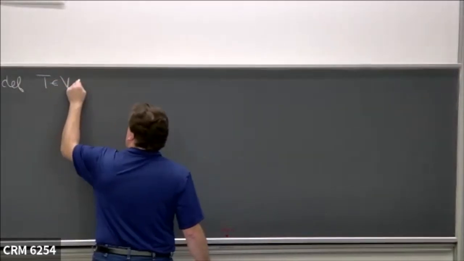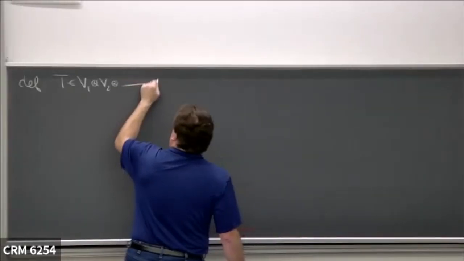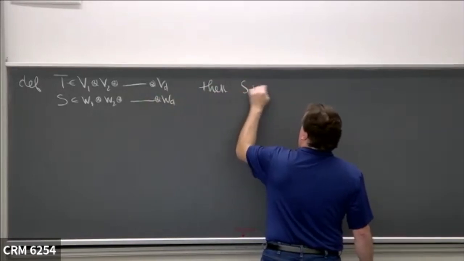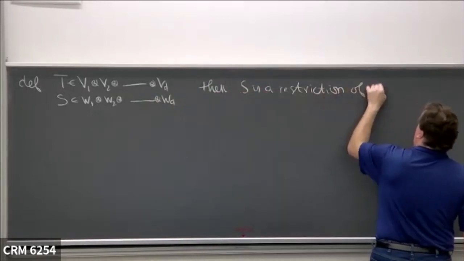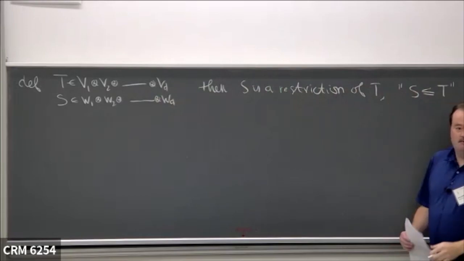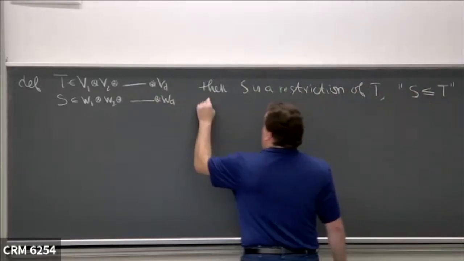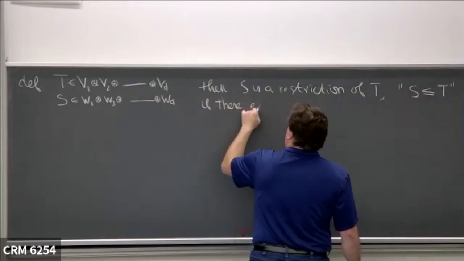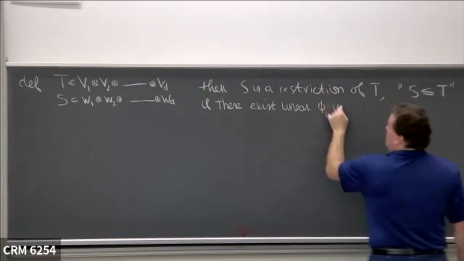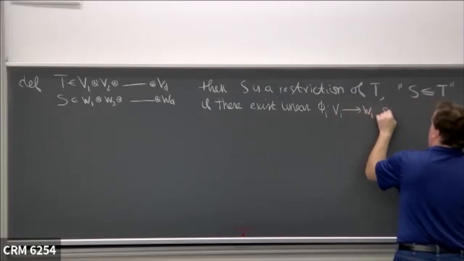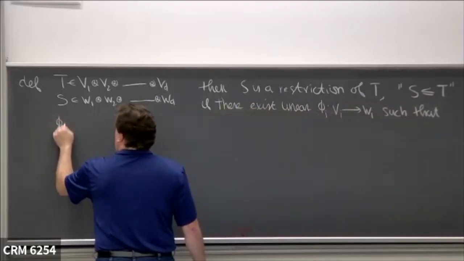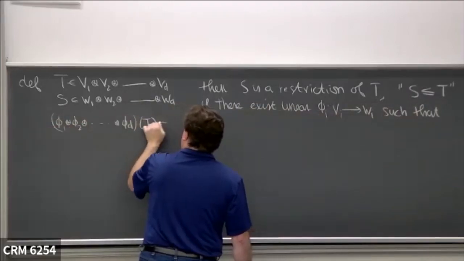Suppose T is again a tensor as before, and I have another tensor, say S. Then S is a restriction of T, and the notation will be S less or equal than T. This is going to be a partial ordering, if there exist linear maps phi_i from V_i to W_i such that if I apply these phi's to T, I get S.